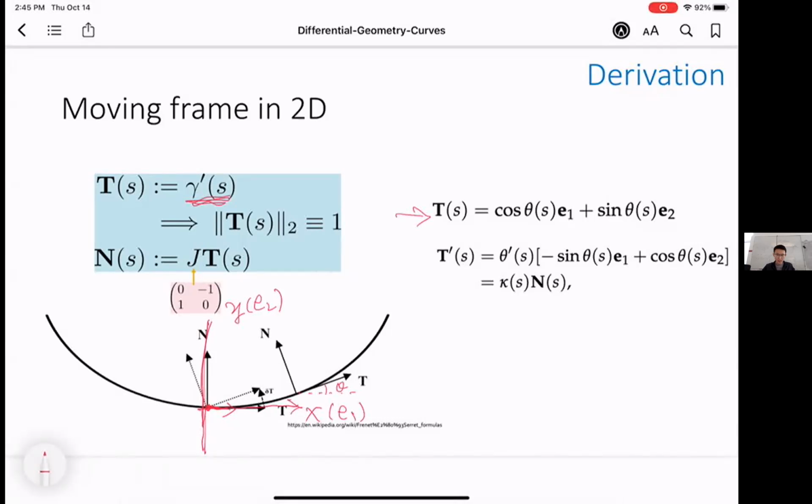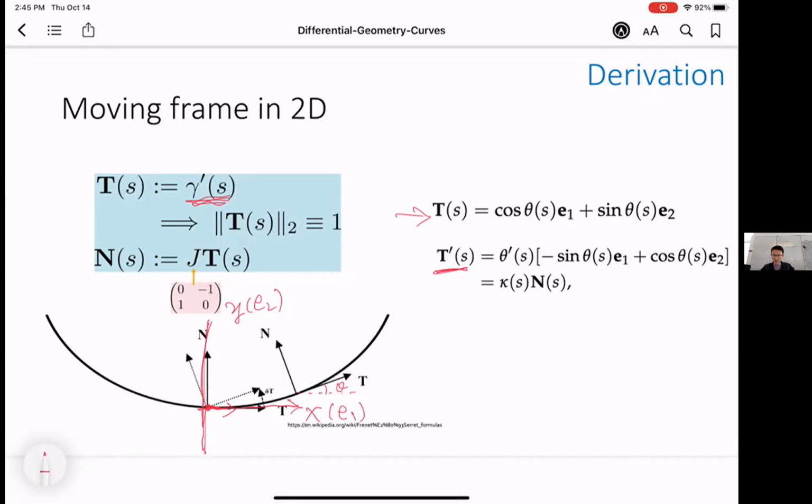Okay, then the second thing we're going to define is the so-called normal vector. Well, there are also different ways to come up with it. One way to think about it is we further take the derivative of the tangent vector. Basically, we calculate T prime here.